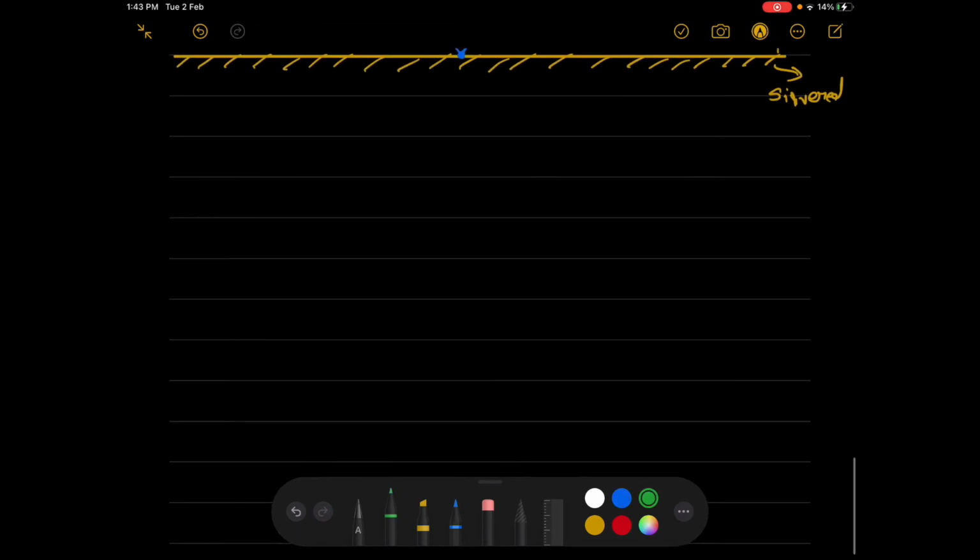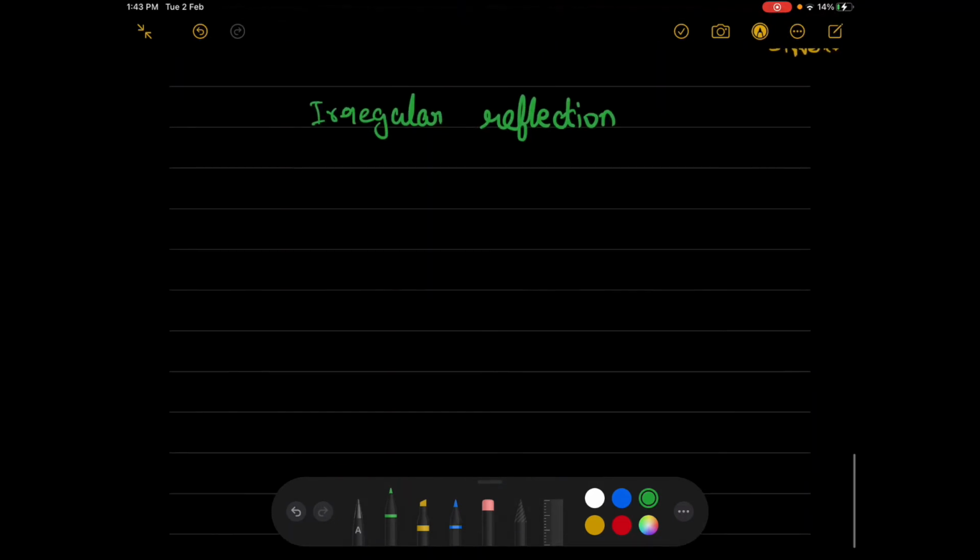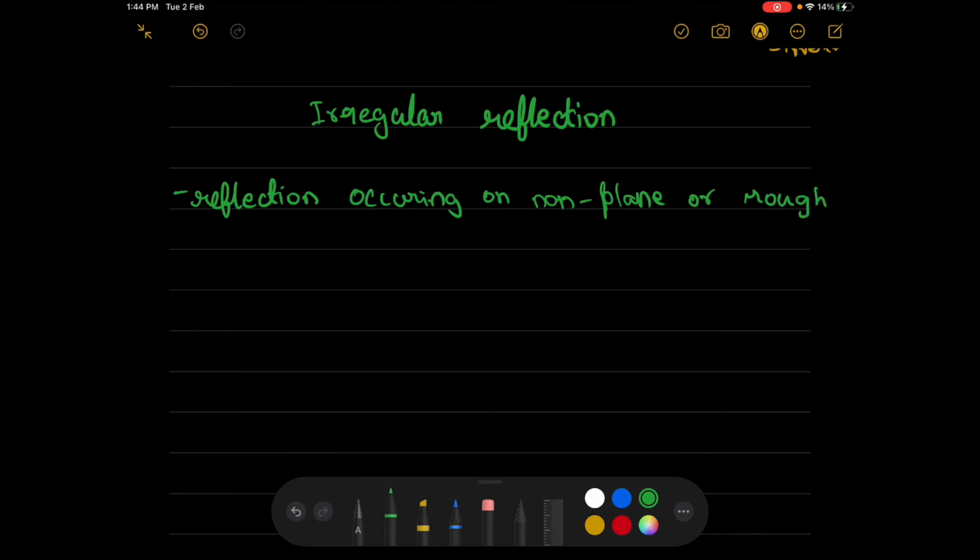Now irregular reflection. What is irregular reflection? Reflection occurring at non-plane surfaces, meaning those surfaces are not flat. Reflection occurring on non-plane or rough surfaces.